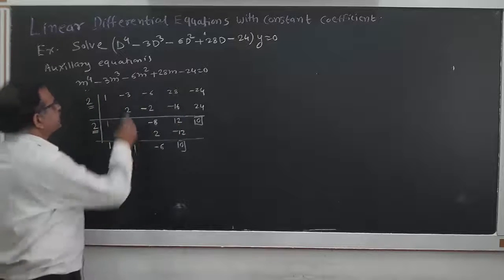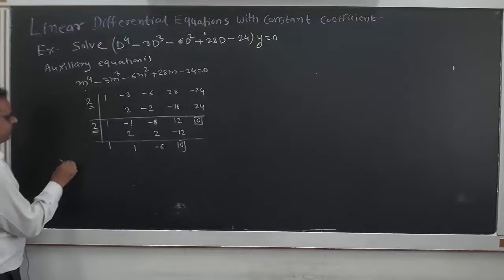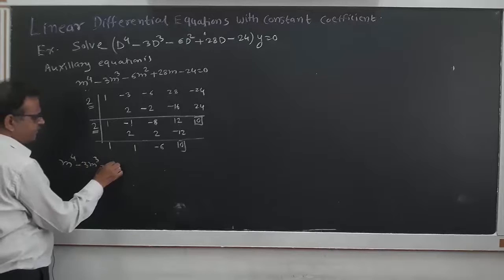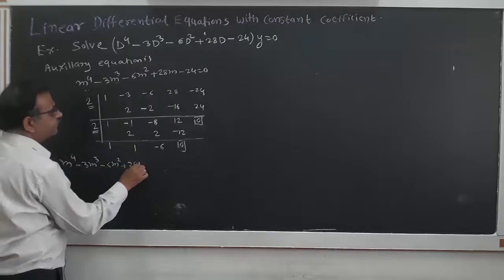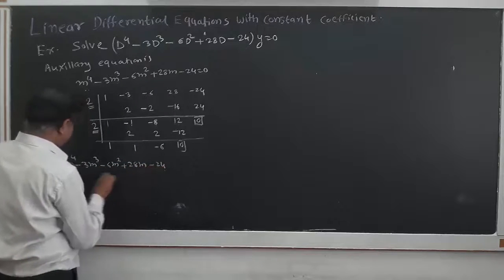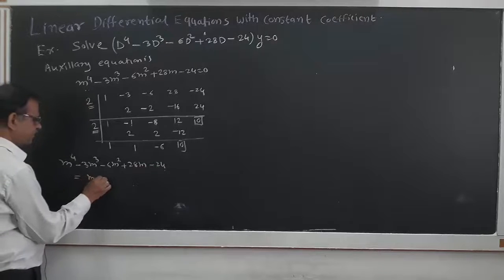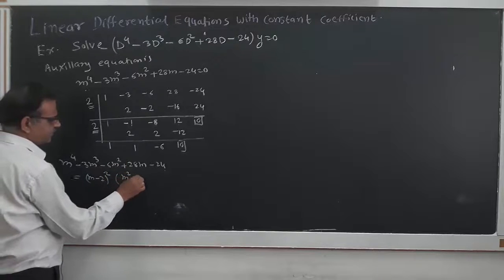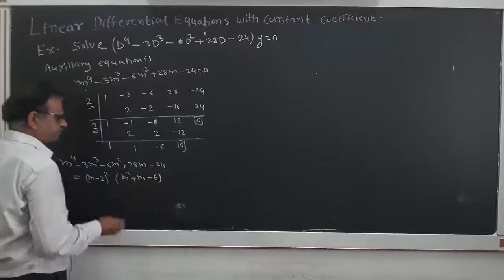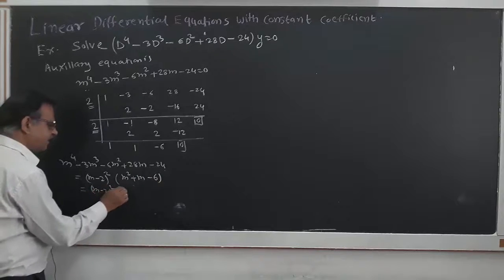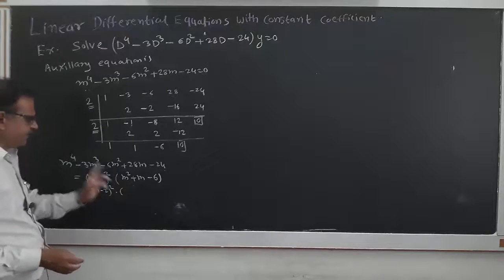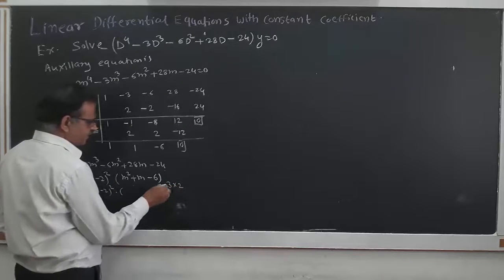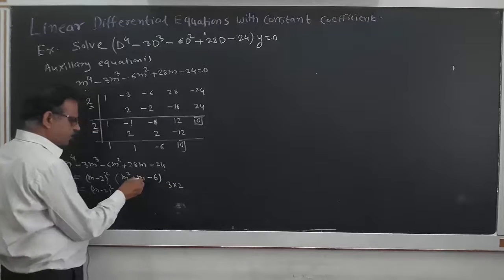Now, this polynomial m⁴ − 3m³ − 6m² + 28m − 24 can be written as (m − 2)² into (m² + m − 6). 6 has the factors 3 into 2, so that 3 and −2 add to 1.